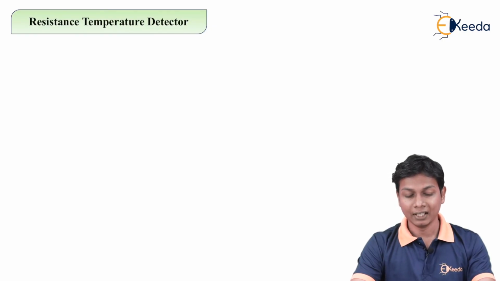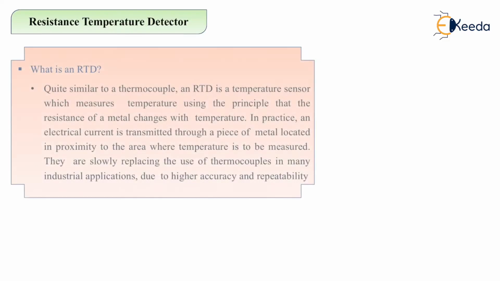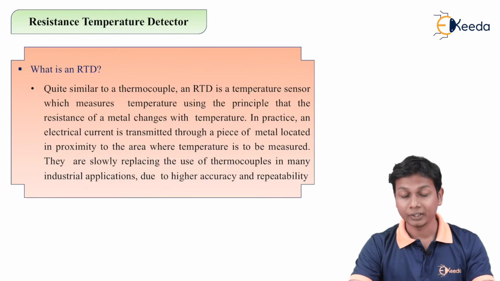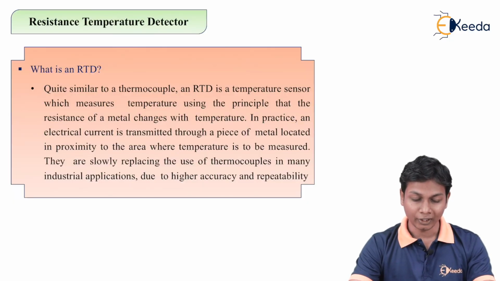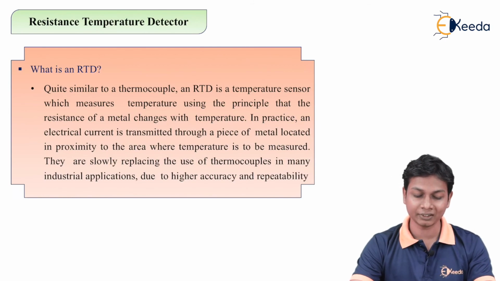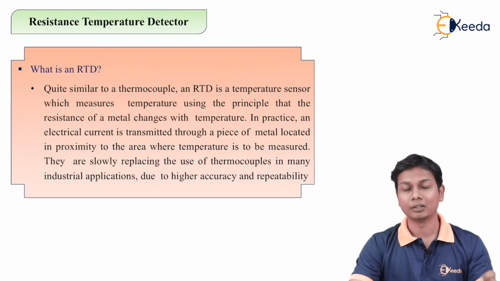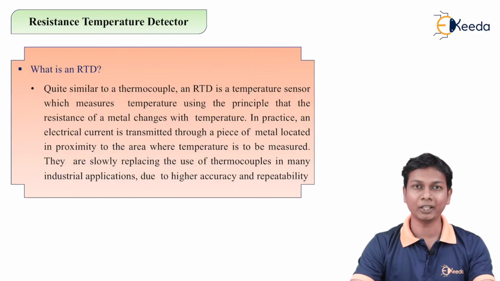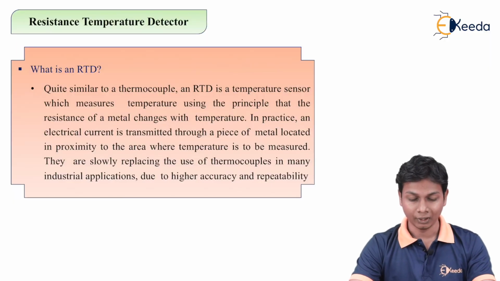Now here is the resistance temperature sensor, which is similar to the thermocouple. It is also called an RTD, the resistance temperature detector, which measures temperature using the principle of change in resistance. The rate of change of resistance in the device is sensed depending upon the temperature change.